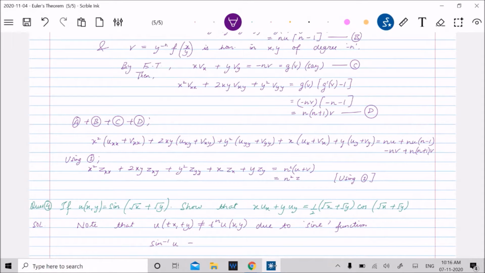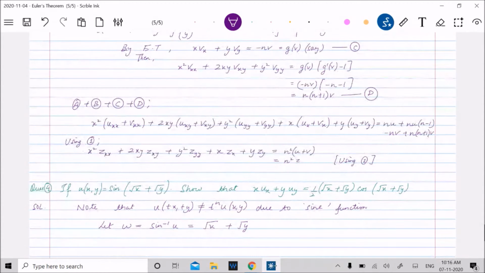But if you take this sine inverse on the left hand side, then it becomes sine inverse of u equals square root of x plus square root of y, and let us assume it is w. Now you see that this function w is clearly homogeneous in x comma y of degree 1 by 2.